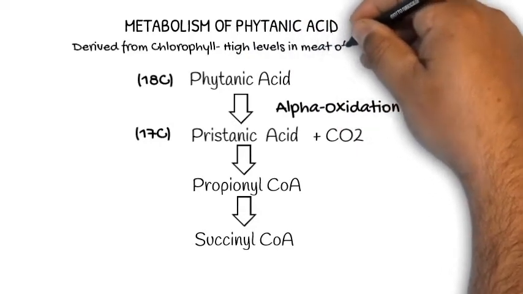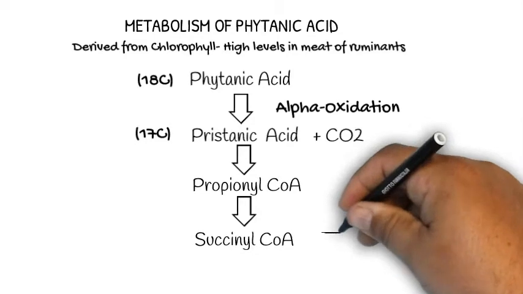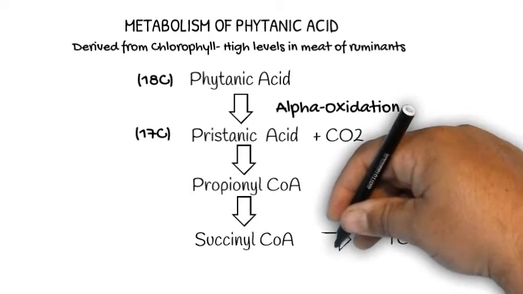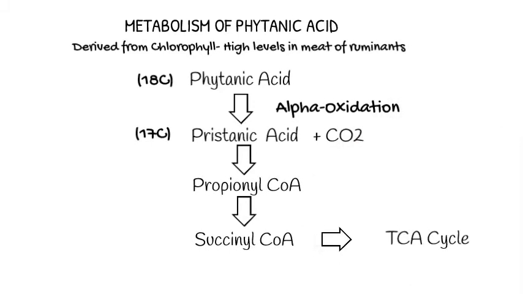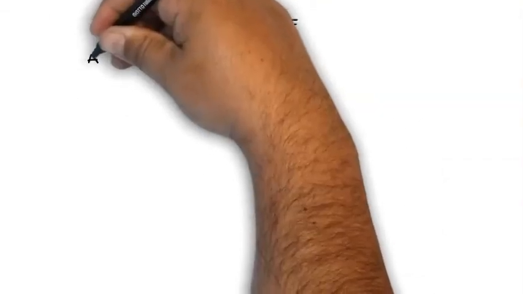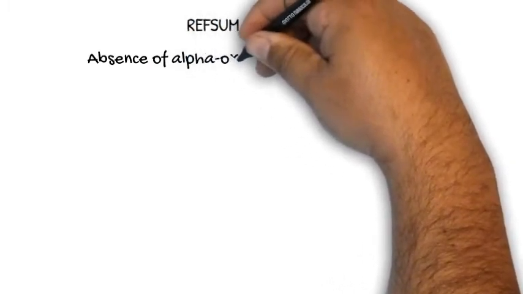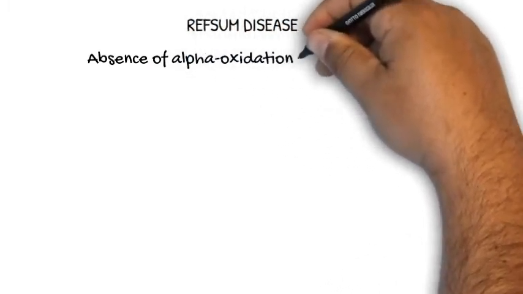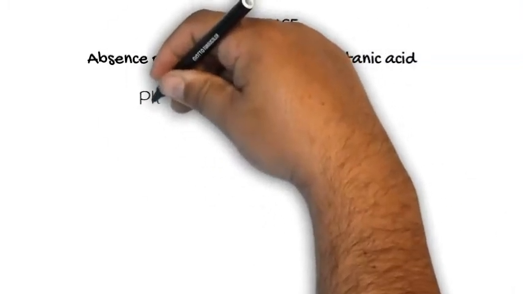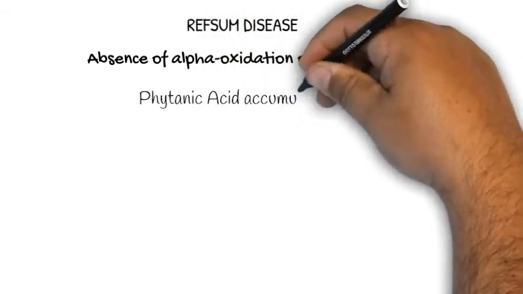And some individuals are born with a deficiency in the ability to carry out alpha oxidation, and this results in an accumulation of phytanic acid, which can lead to a disease which we call Refsum disease. So remember, I said Refsum's disease results from the absence of alpha oxidation of phytanic acid, and therefore phytanic acid will accumulate in these patients.